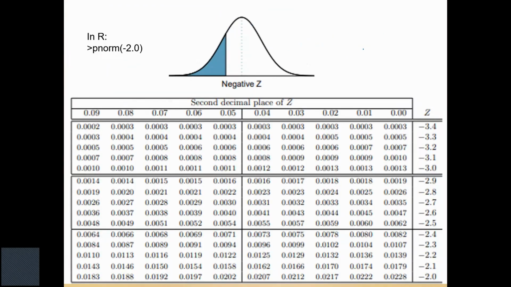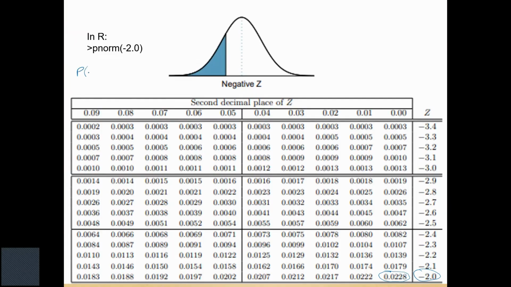For the negative 2, 2.00, okay, again, you'd put in pnorm(-2.0), and you'd have the probability to the left. That is way down here in the corner. It's 2.0 down here. And again, we're in the first column because it's 2.00. And so it would be 0.0228.